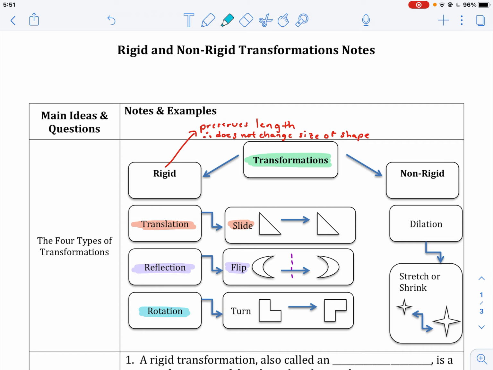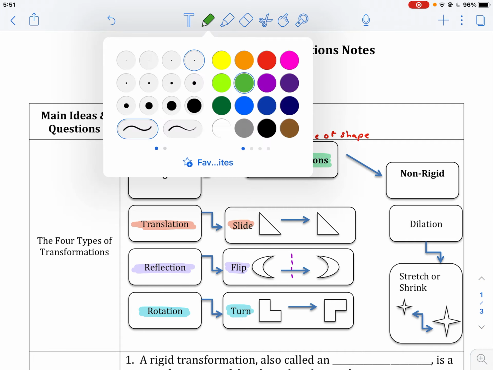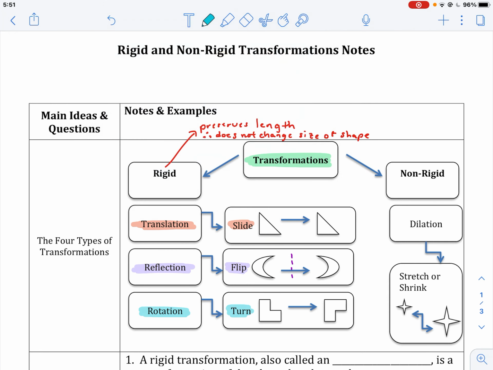And we also talked about rotations, where we turned a figure. In all of these, the size and shape remained the same. It's just the location that changed.